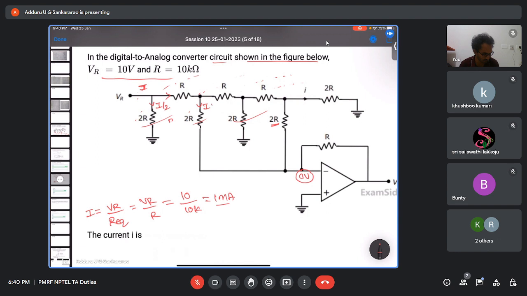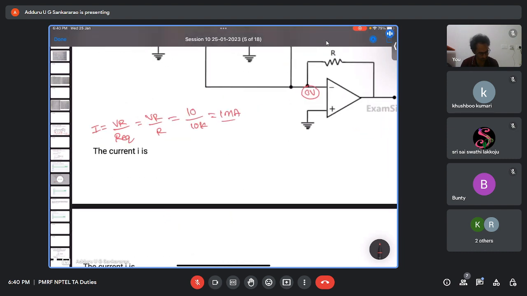Again I by 4, I by 4, I by 8, I by 8. And here finally I by 16. Like that it divides, right? I by 2, I by 4, I by 8, I by 16. So what we want is I by 16. So the required current i is I by 16.